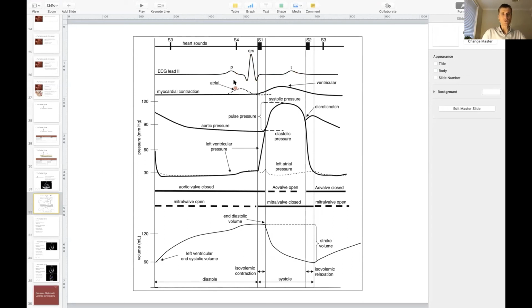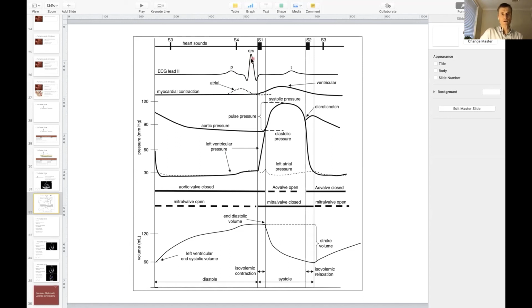What I'll have you notice is that the myocardial contraction, the mechanical action, occurs after the P wave. So the electrical activity occurs just slightly before the mechanical activity. That's an important thing to keep in mind, especially when you're making measurements, and we'll be able to apply that a little bit better when we do some more practical things.